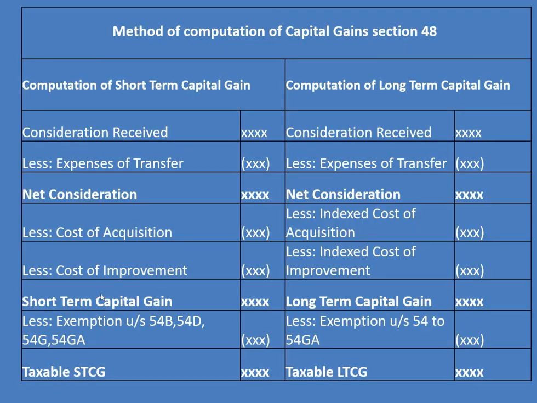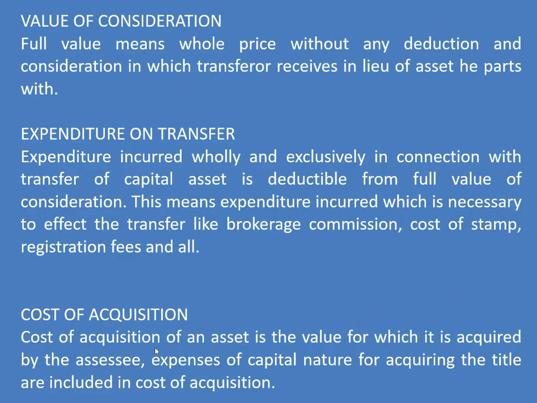Then the third one is cost of acquisition. What is cost of acquisition? Cost of acquisition means the value for which the assessee purchased the asset, or his previous owner purchased it. This cost of acquisition is capital in nature. Understood?